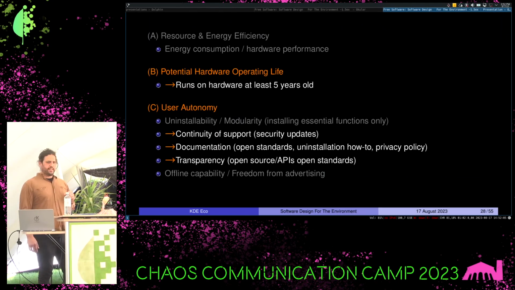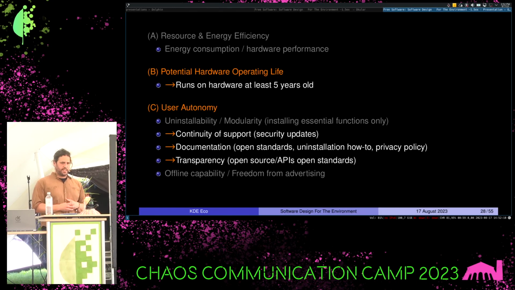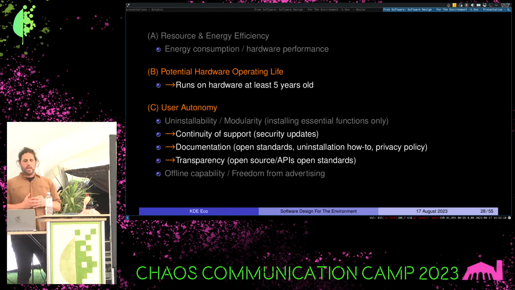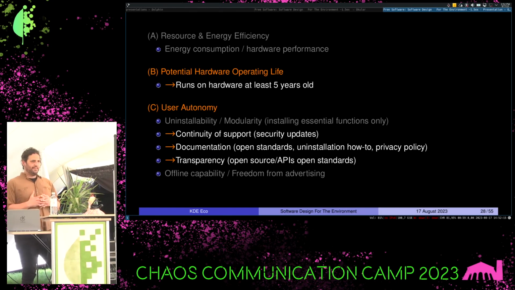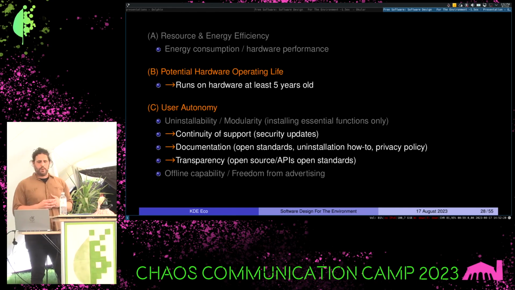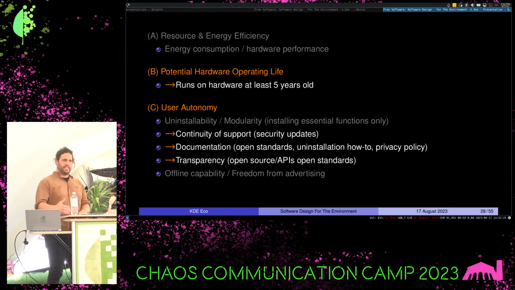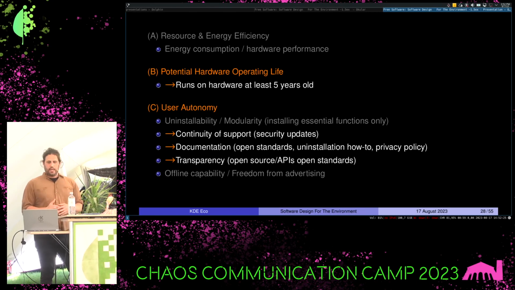Okay, the next topic, potential hardware operating life, as well as continuity of support, which is what determines how long you can use that device, and not have disadvantages opening yourself up to known malware. Documentation, how long that software can be supported over time will depend to some extent on how well it's documented.